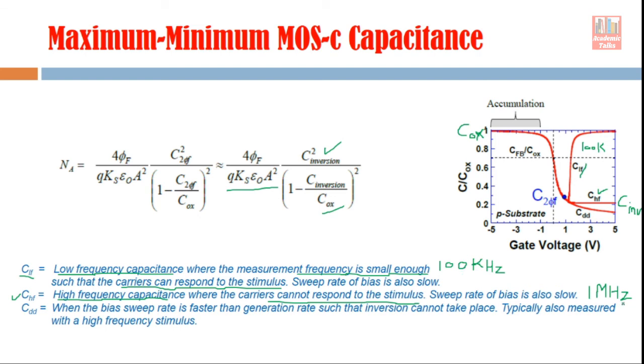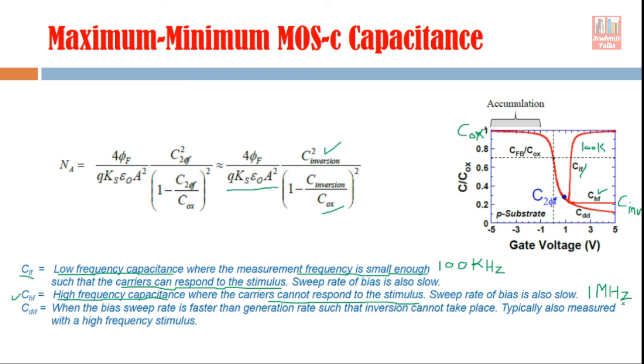All this information about the capacitance behavior and the impact of signal frequency on the capacitance voltage graph is part of your basic MOS theory which you have studied in earlier classes.